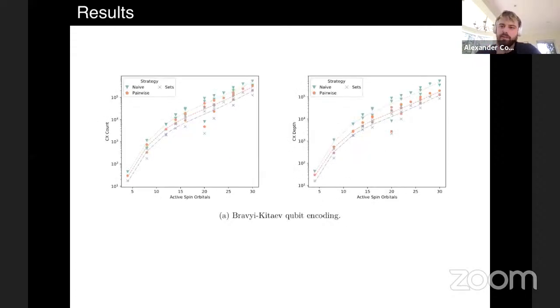Okay, but if we go through all this stitching together of heuristics, we find that in practice, for a variety of different encodings and molecules and basis sets, we acquire a CNOT depth and a CNOT count approximately an order of magnitude lower than what one would get if you were to do it naively. And also lower than previous methods which we've attempted in the past.